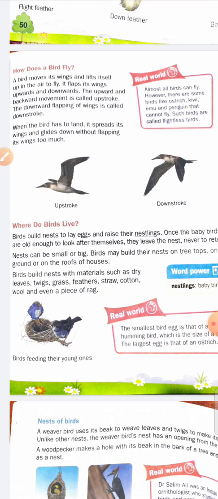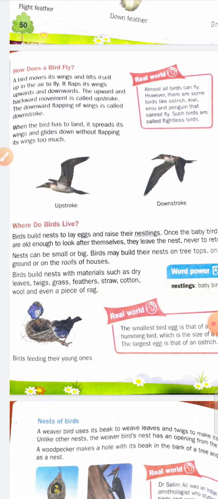And when the bird has to land, it spreads its wings and glides down without flapping its wings too much.